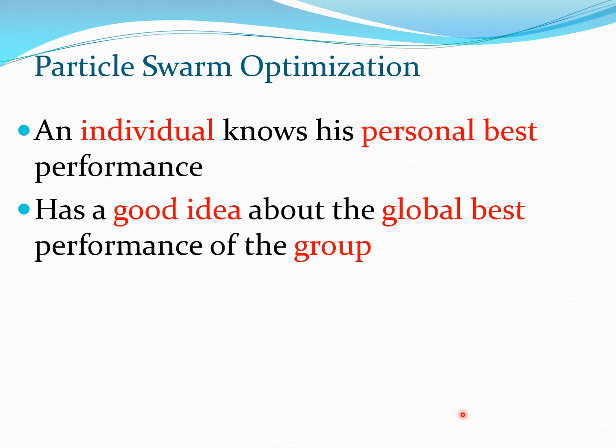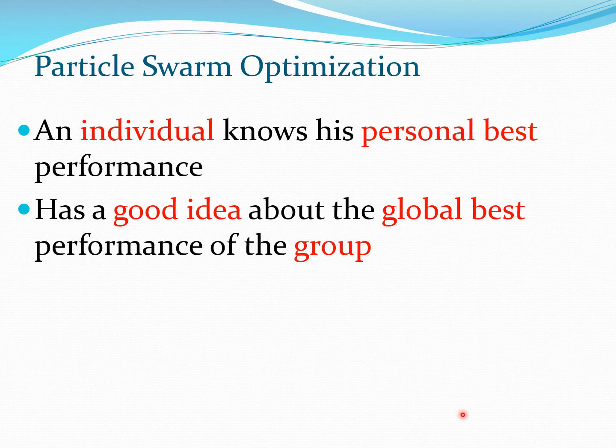Whenever an individual is present, this person or creature knows their personal best performance till date. They also have a good concept about the global best performance of the group.